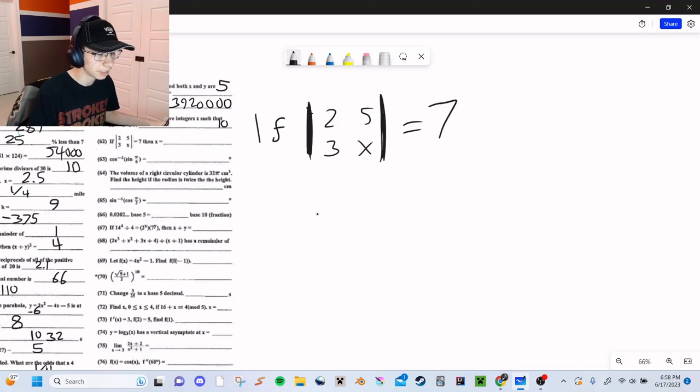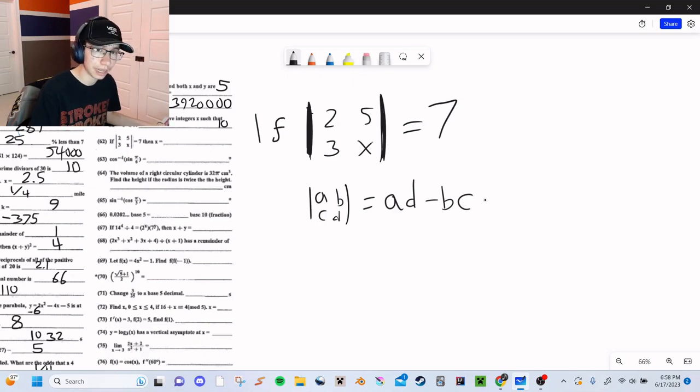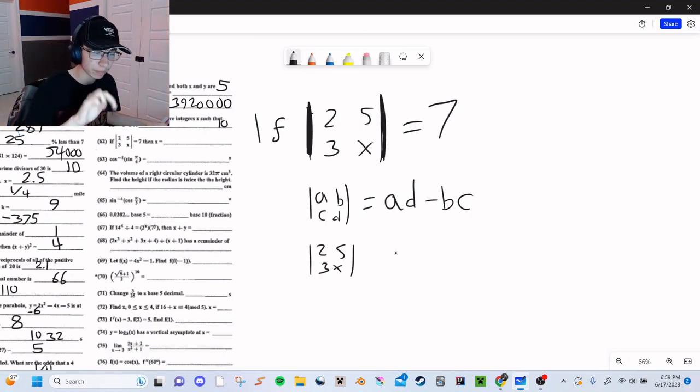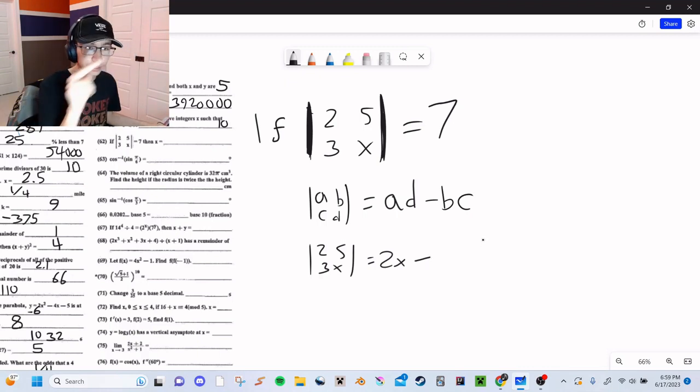The formula, if you have a 2 by 2 matrix, A, B, C, D, the determinant is equal to A times D minus B times C. And so this equation is therefore saying that for this 2 by 2 matrix, A times D, so this diagonal going this way, so the 2x, minus the diagonal going this way, 15, so that's 3 times 5, that's equal to 7.